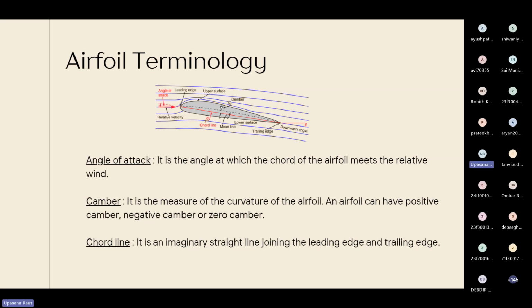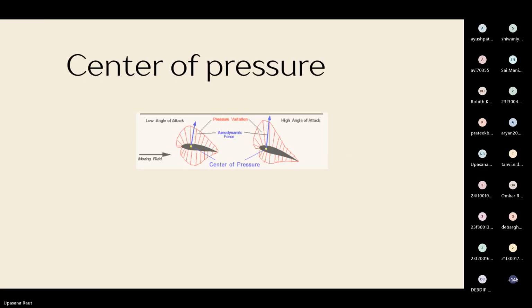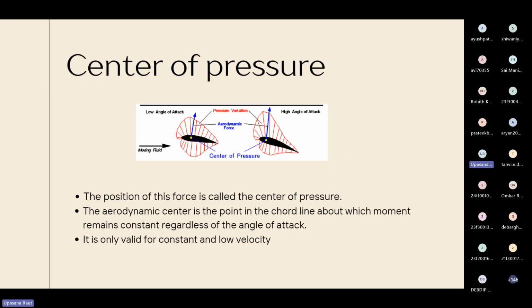So this angle of attack governs how much lift is generated or how much drag is generated. Now, the airfoil is basically designed to manipulate the flow of the air.